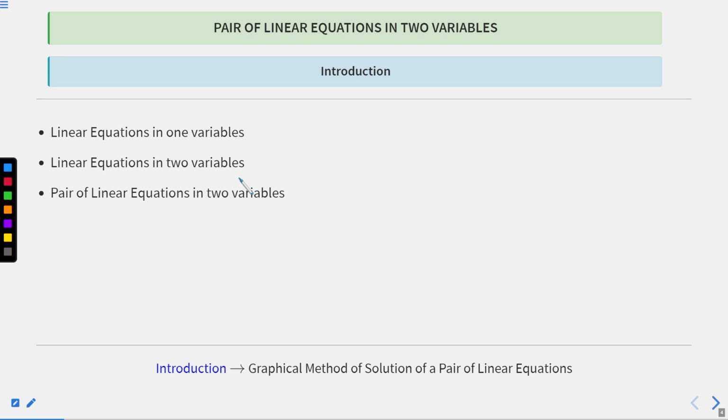Linear equations in one variable involve only one variable. That variable may be x or y or u or v, s, t. Linear equations in one variable can be written as ax plus b is equal to 0.